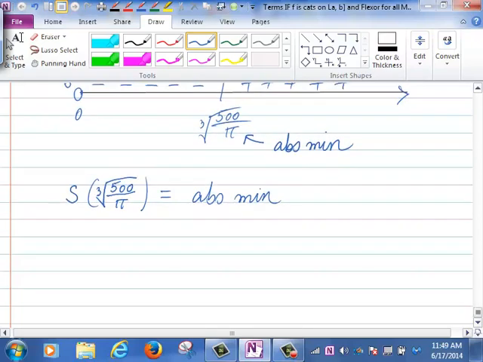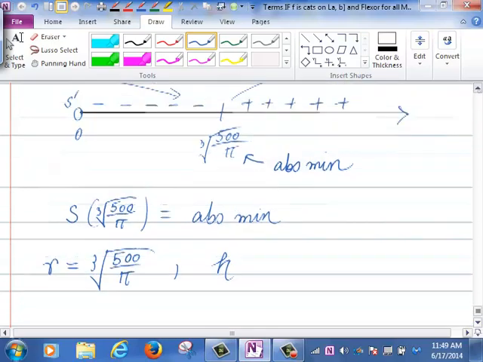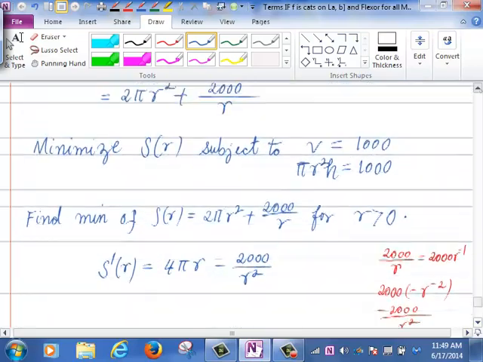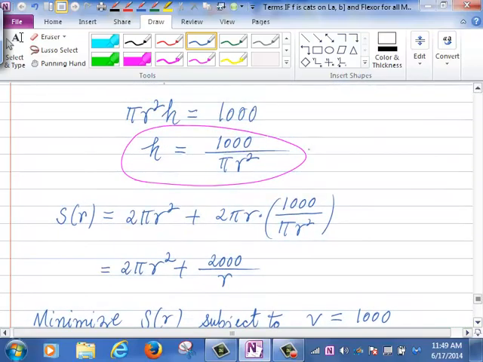And so how should we pick our dimensions? Well, we should pick the radius to be the cube root of 500 over pi. And if that's the radius, what is the height? Well, we expressed height in terms of radius before, right? Right here. Height is 1000 over pi r squared, right? So if I replace r by the cube root of 500 over pi, I can get what h is.